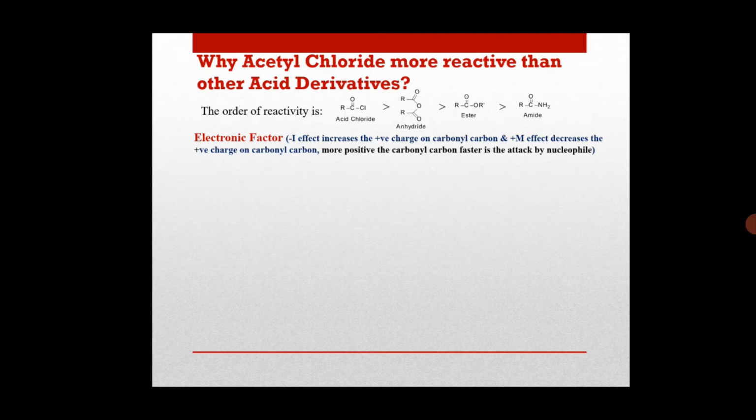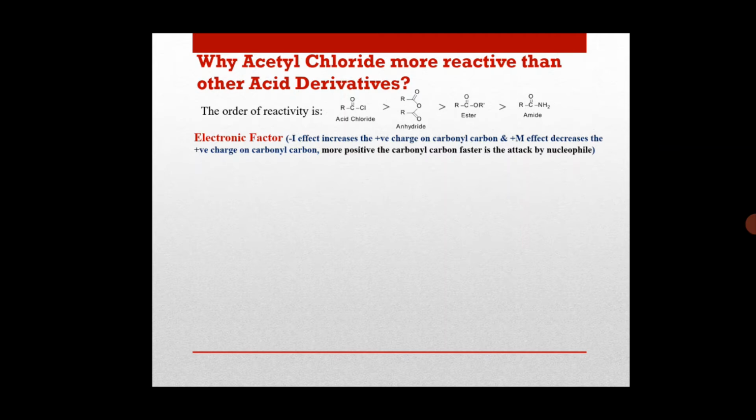Here two types of effects are observed: -I due to the difference of electronegativity of the atoms, and +M effect because of the lone pair electrons on the atom, and not only that, the lone pair is in resonance with the double bond.